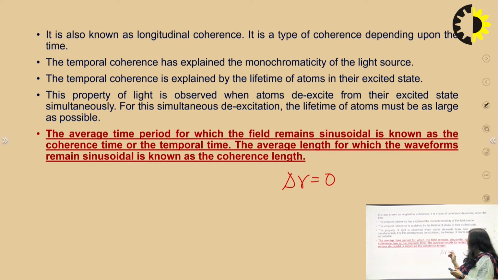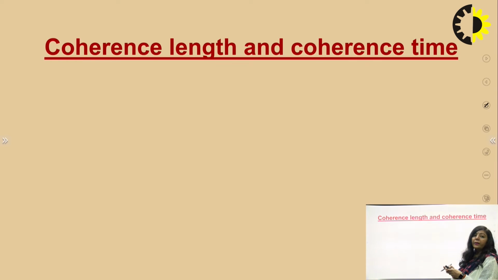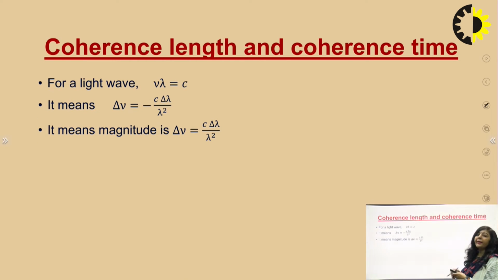So this particular bandwidth is actually related to temporal coherence. As you can see over here, we have two parameters. One is coherence length and the other is coherence time, which are related to temporal coherence. Coherence length is the distance traveled by the light in the coherence time.